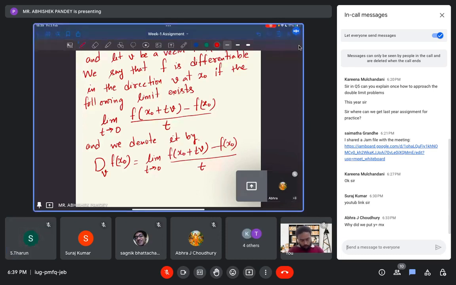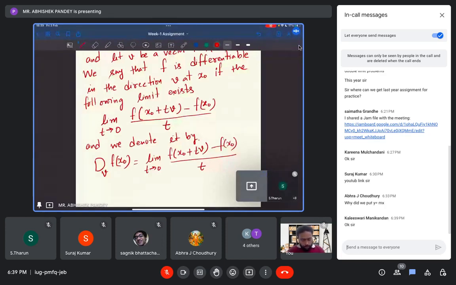So now, if you observe that, now if you take this vector v, let us talk about the two variable case, partial derivative with respect to x and partial derivative with respect to y. So if you take this v, small v equals to 1 comma 0, then this is nothing but the partial derivative of f with respect to x at point x naught, isn't it?